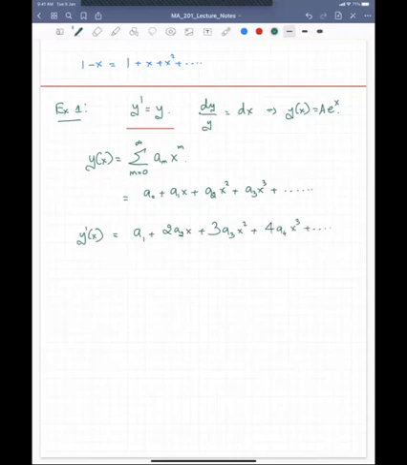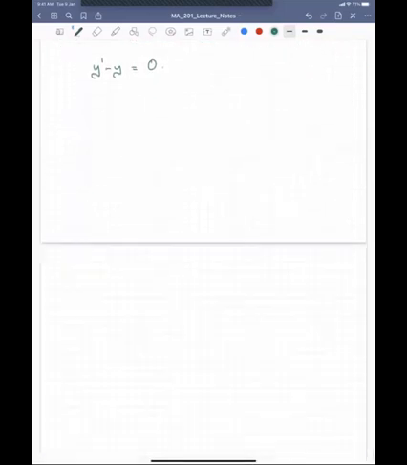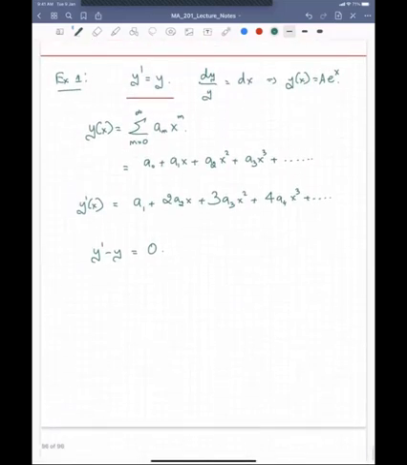Okay. So the point is that this y of x solves this differential equation y prime minus y equals 0, which is what y prime equals y is. So let us substitute what y prime is and what y is.